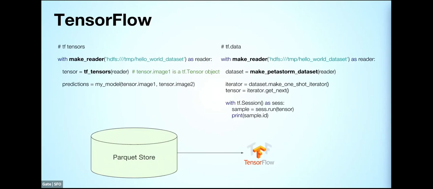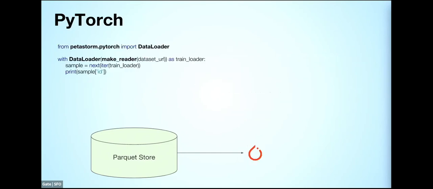You can attach a bunch of downstream processing on top of this dataset, but the make Petastorm dataset function on the right side turns our Petastorm reader into a dataset object that you can do the same things with that you do on dataset objects in TensorFlow.